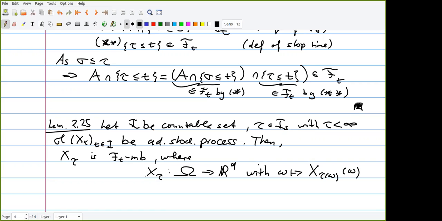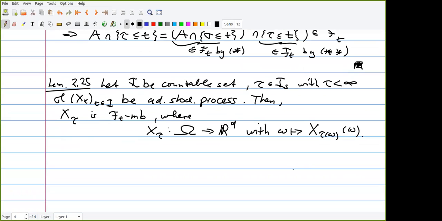So, right, this is just a composition of two functions, omega to tau and X. Both, right? And the one function is in omega and the other one is in tau. Okay.